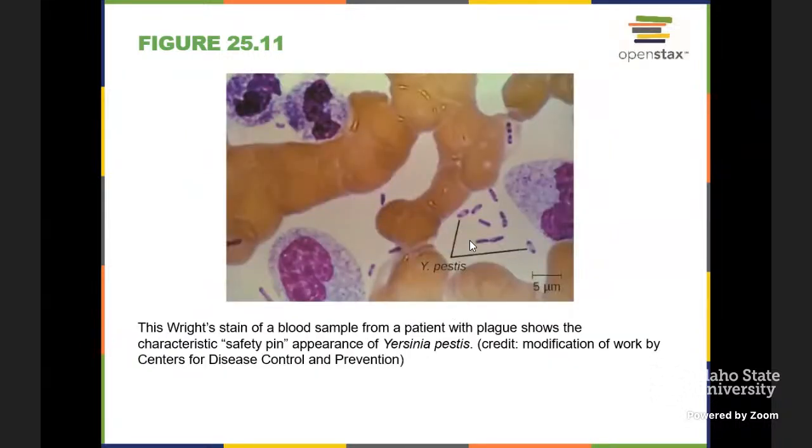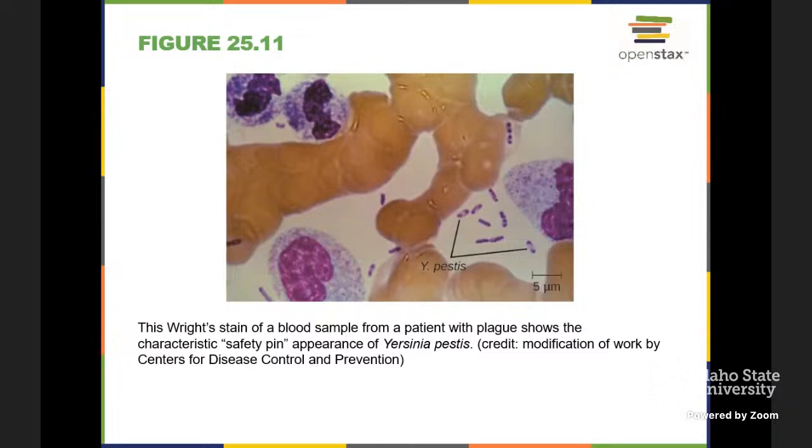So here we could see our pestis. These guys are interesting, and if you were to see this on a Gram stain, there'd be numerous things that might pop into your mind before you start thinking plague, but it also depends on how the patient is presenting. That might clue you in that we're thinking plague in the first place.